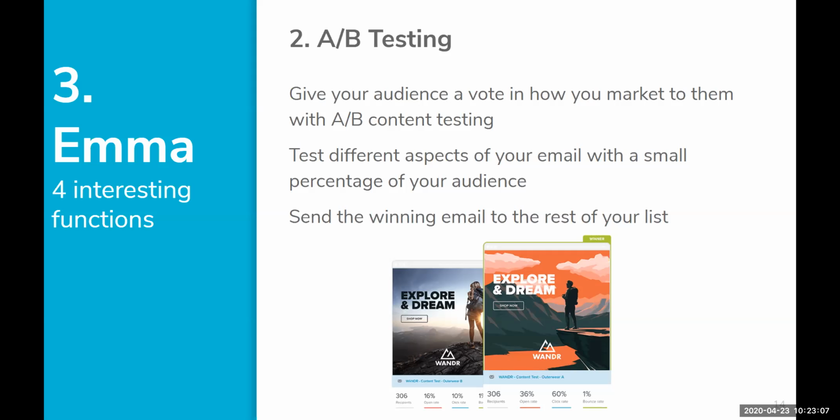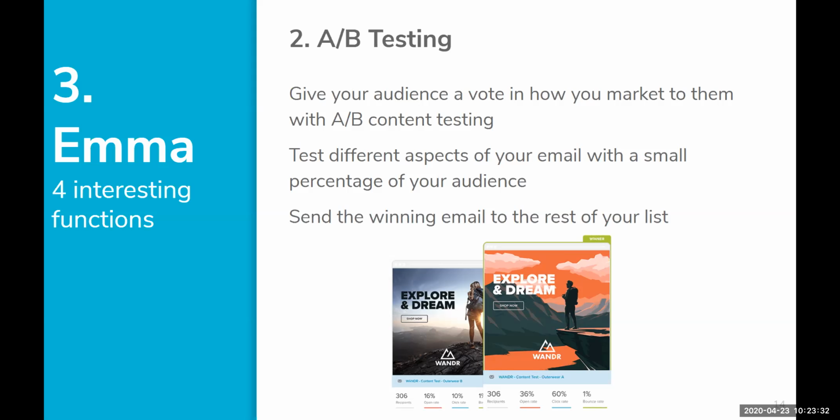So it can be as simple as this example down here, where maybe you change just the background image. So you'll see the winner was actually the one that was more cartoon-like and had a pretty orange, vibrant color, whereas the other one of just the regular old picture didn't do as well. So maybe it was just a different photo that you used, or maybe you're going to just do A/B testing on your subject line.